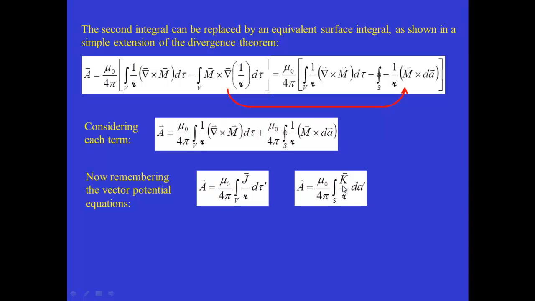So the first term looks an awful lot like this expression if we substitute J for the curl of M. And the second expression looks a lot like this term with the surface current: where it says M cross dA, if we make that K dA, then we get the same thing. And yet it's kind of odd because we've got a magnetized object.